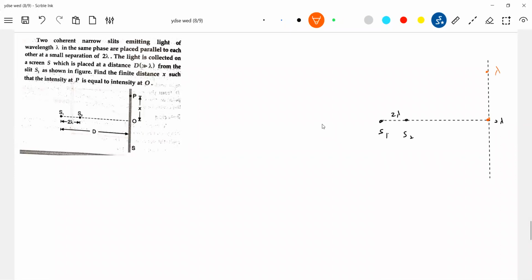Then it will become a maxima. What about the other one? The next maximum will be there at infinity. And there, what is the path difference of the waves arriving?